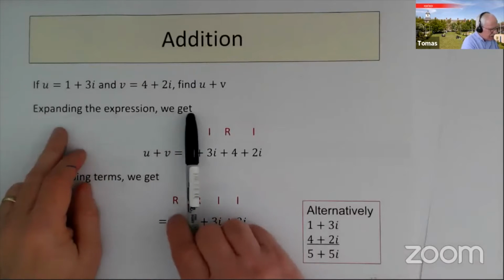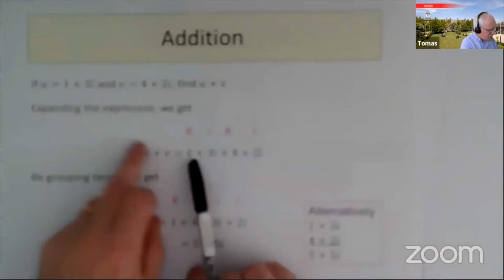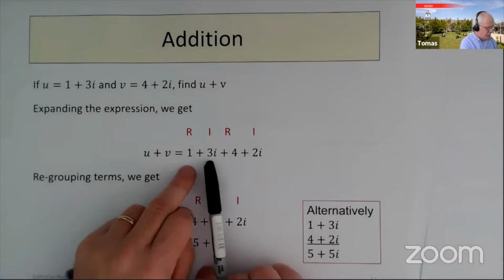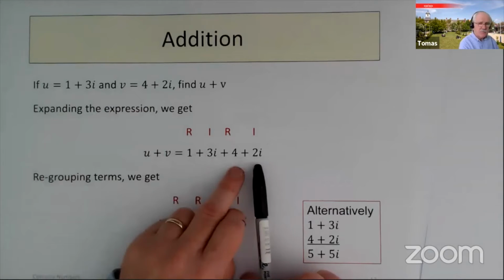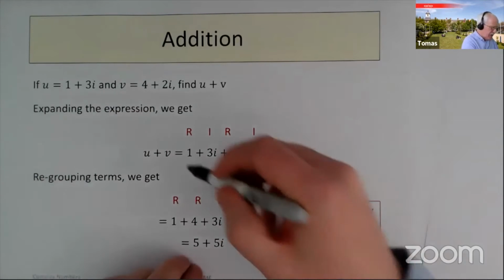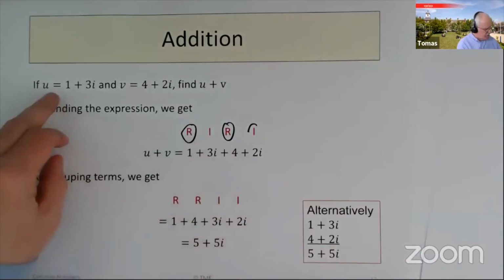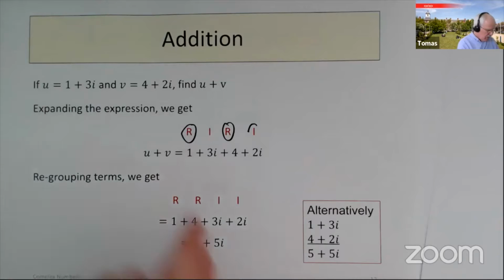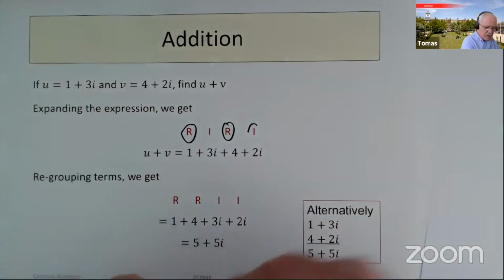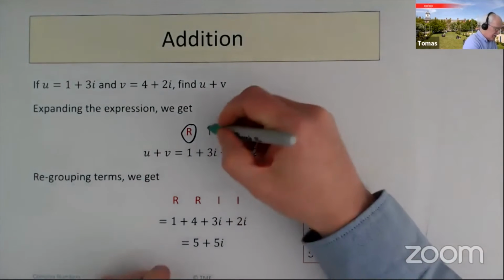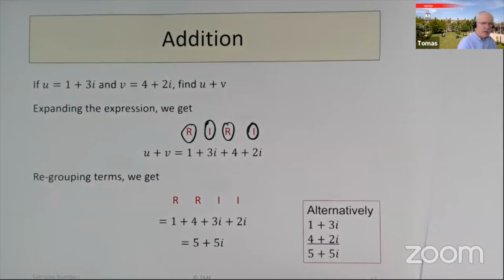So expanding the expression, we say u plus v is 1 plus 3i, I'm just copying it down, plus 4 plus 2i. But I'm now going to break it into the real parts. Let's call those the apples, the 1s and the 4s. And the imaginary parts here, I'm going to show those differently and say that's the i part there. Maybe use a different color for them.